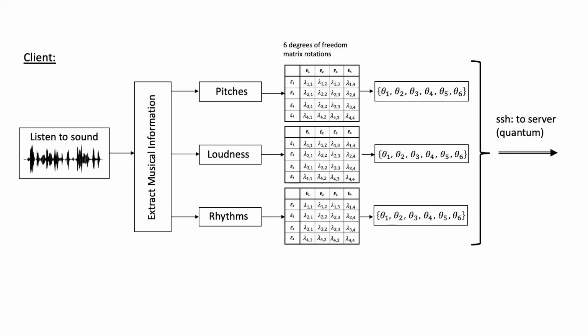Let's look at this in more detail. The client identifies musical notes played on the clarinet and extracts their pitches, loudness, and rhythms. These data are then compressed into 4 elements for each of those streams and builds 4x4 matrices for each of them.